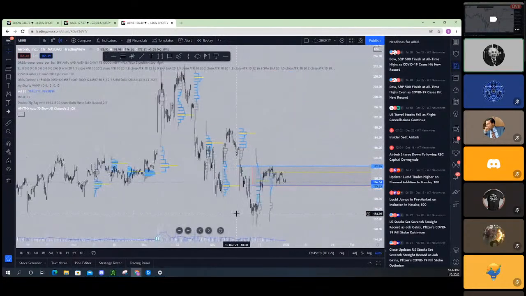Yeah, so a lot of time is being spent in this area. TPO, market profile, is your time spent at these levels. It's not related to the price and the volume, it's related to how much time the stock has spent at a particular level. And you guys see how many POCs are in this area. A lot. All of this indicates how much time has been spent.